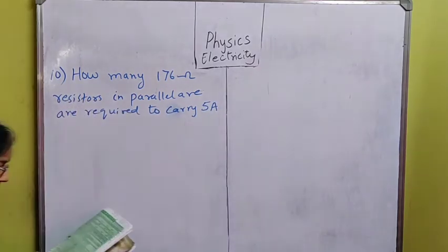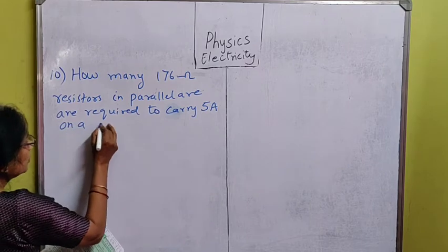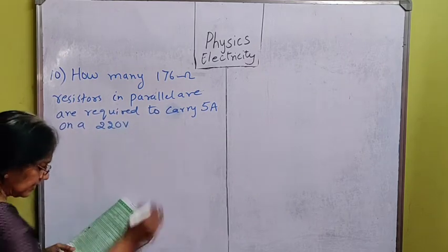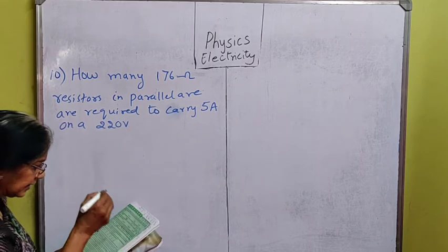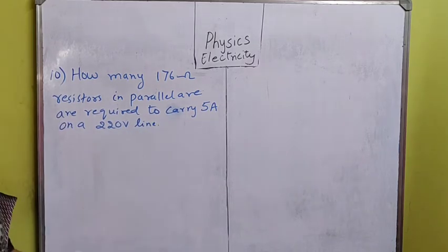So the current is 5 ampere flowing on a 220 volt line, the potential difference in the line. Okay. So what is the sum?